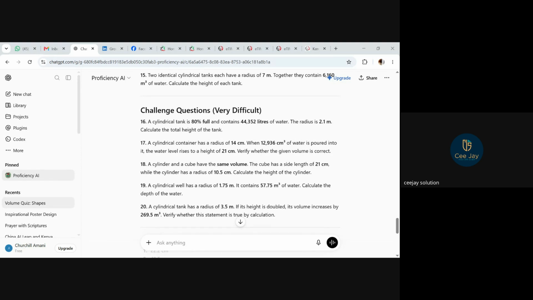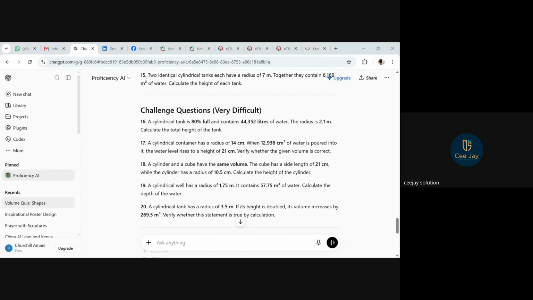The cylindrical container has a radius of 14 centimeter when 12,936 centimeter cubic of water is poured into it. The level rises to height 21 centimeter. Verify whether the given volume is correct. How do we verify it?